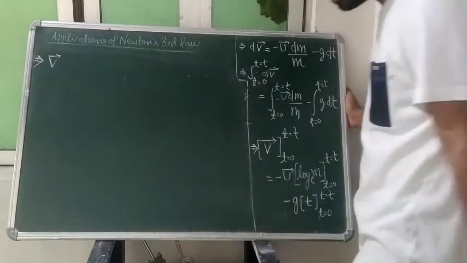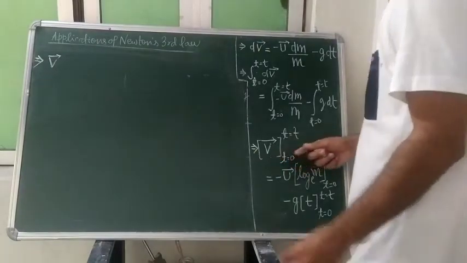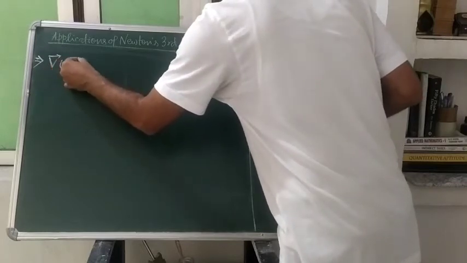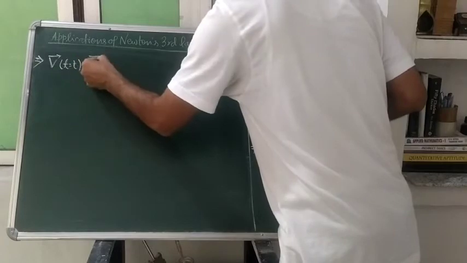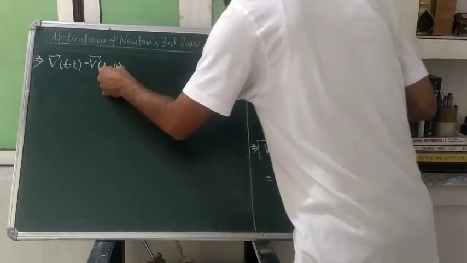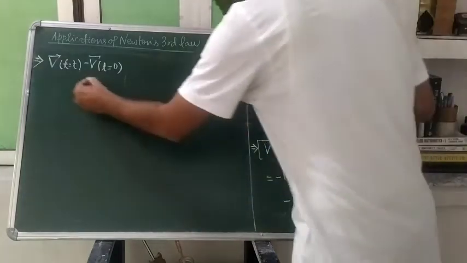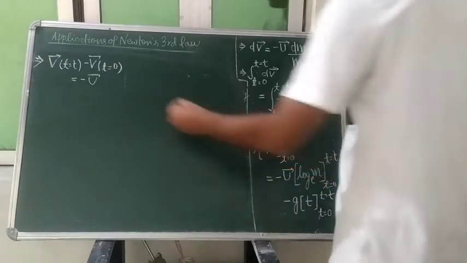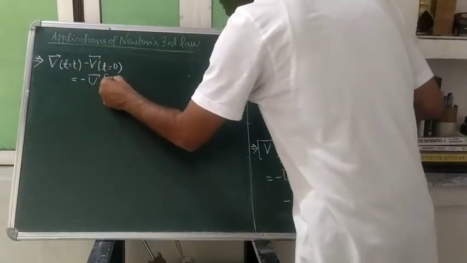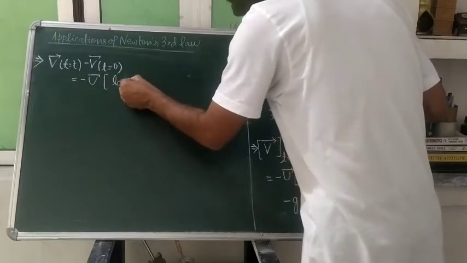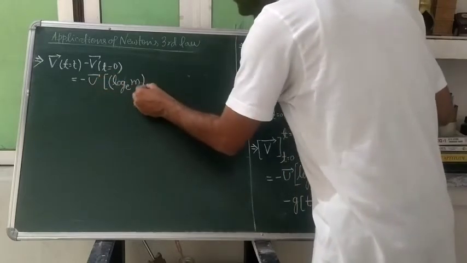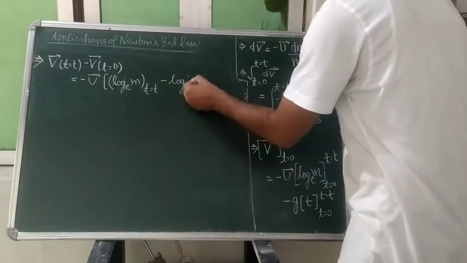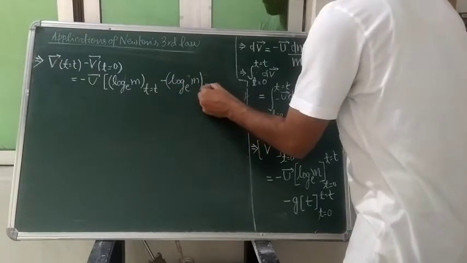So it will become velocity at time t minus velocity at time t equals 0, and this will come out equal to minus u times log base e m at particular time instant t, minus log base e m when the time was equal to 0.